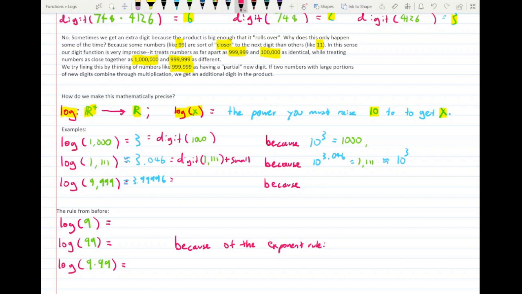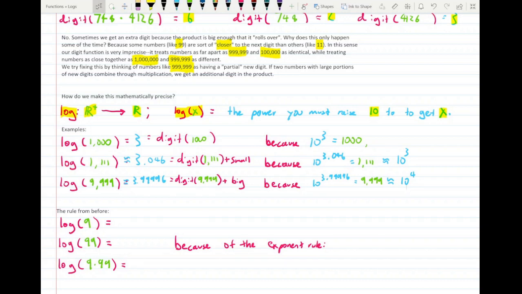And notice once again that that's equal to digit of 9999, but this time plus a bigger thing, because our fractional component is bigger. And this is because 10 to the power of 3.99996 is equal to 9999, and it's approximately 10 to the power of 4.